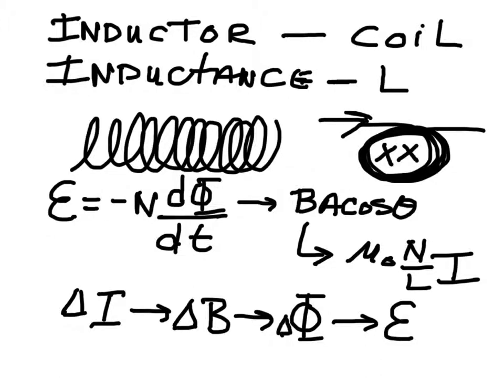So the induced EMF is tending to drive current in the opposite direction of the current that's producing that change in flux and that EMF. So it's sometimes referred to as a back EMF. And the net effect is it slows the current down.